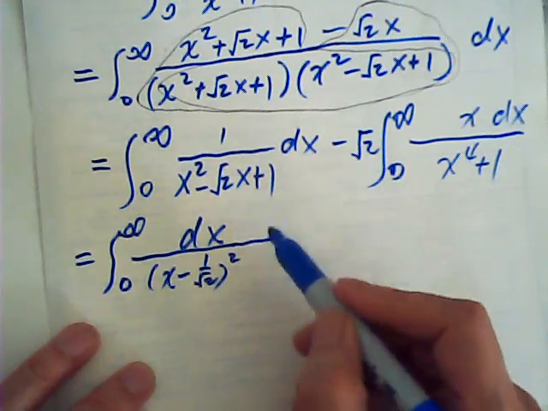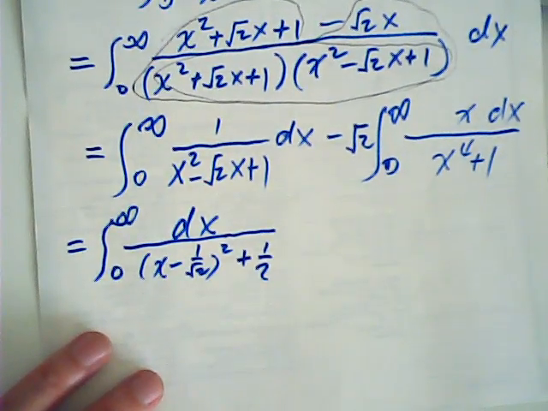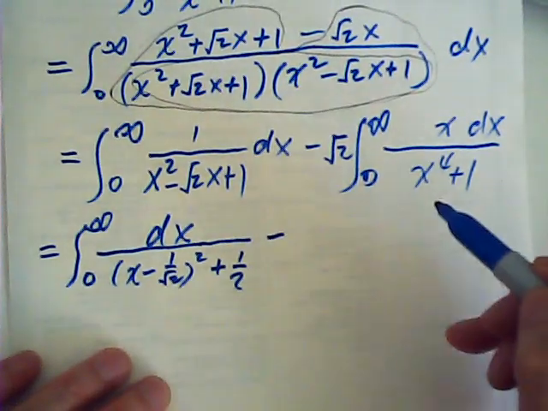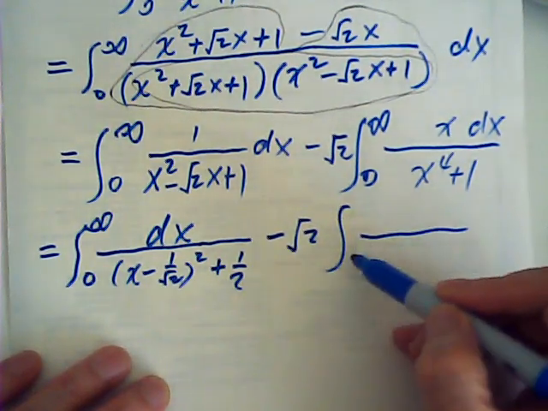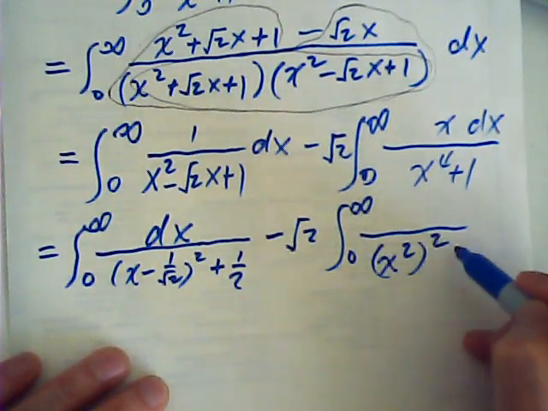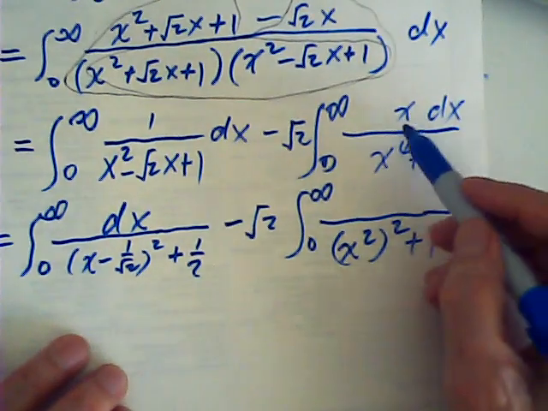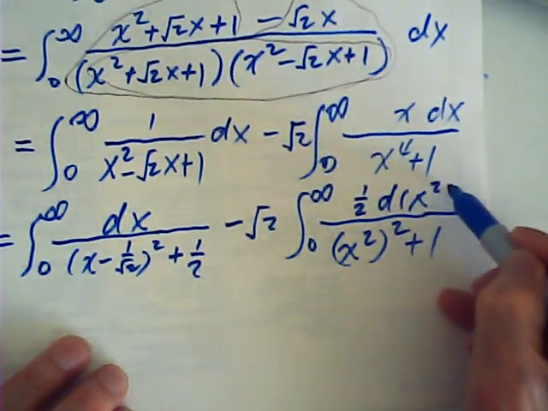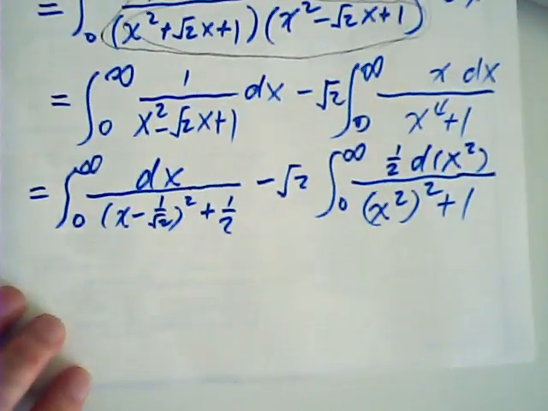So you have a 1 here, so plus another half. Plus another half, yes. Minus root 2. This one is rather easy, the x squared, right? Plus 1. And I change x dx into half dx squared. Well, I hope everything follows.